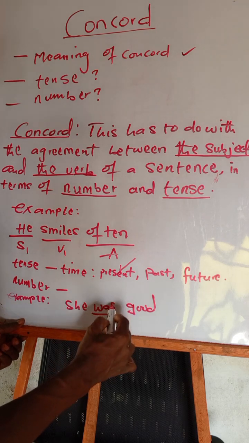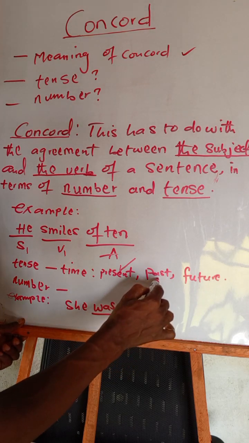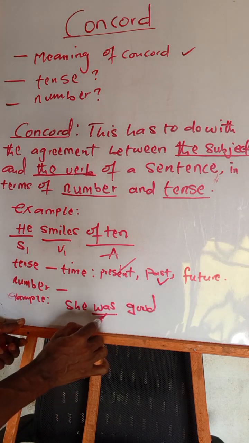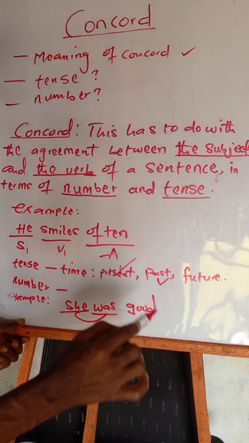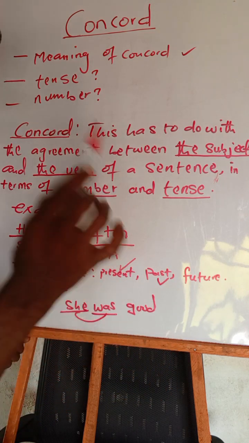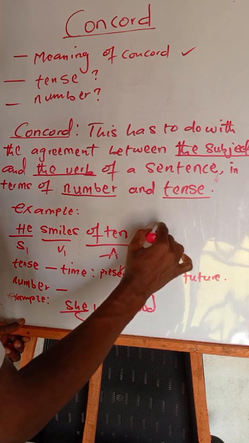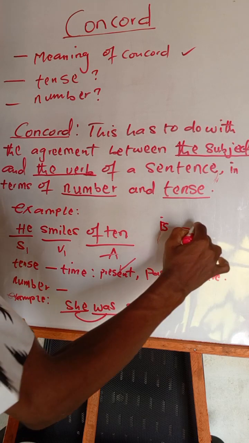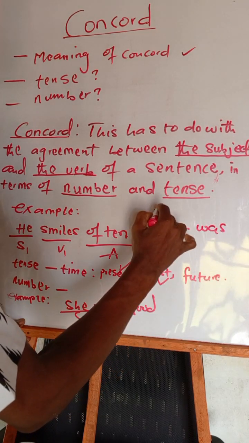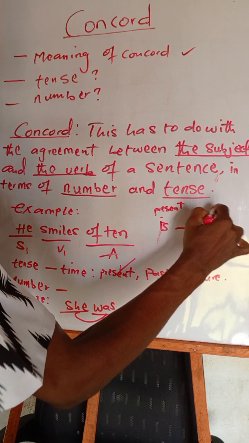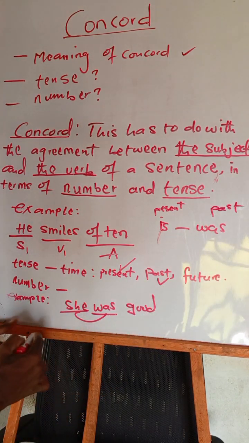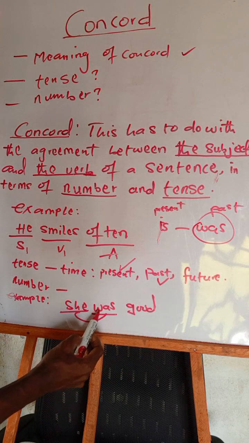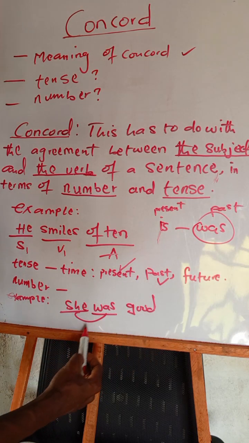It's showing that the time is in the past. Are you seeing it? And the was is going with she because she is a singular pronoun, and was is also a singular verb. The was is the past tense of is. Is is present, was is past. So this was is expressing a past event.